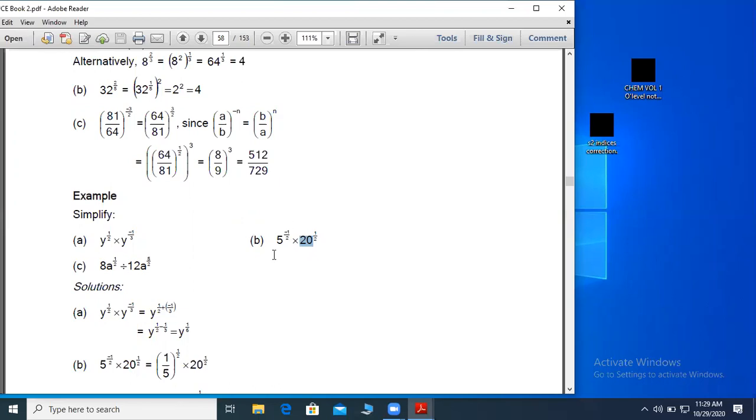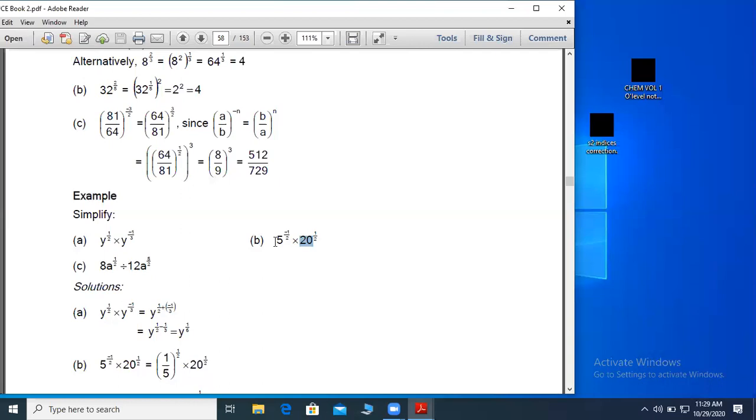If you have done that, 5 to power negative a half times 5 to power a half, the base is the same. We write the base, which is 5, then we add the powers, negative a half plus a half, and the answer there is 0. So we have 5 to power 0, which is 1.